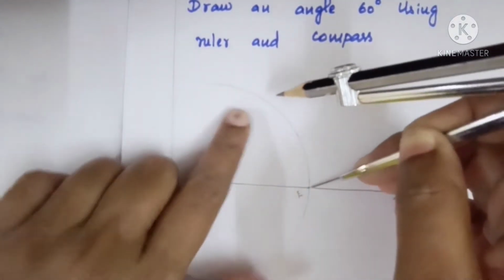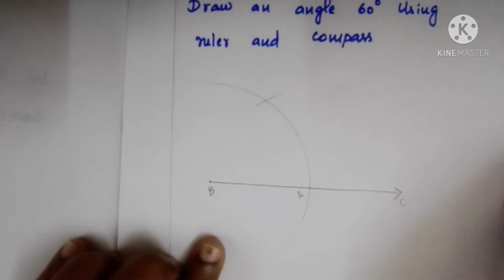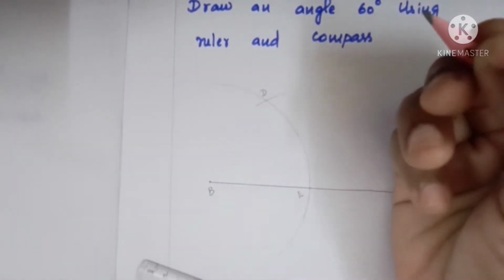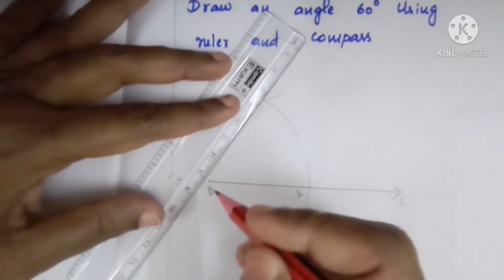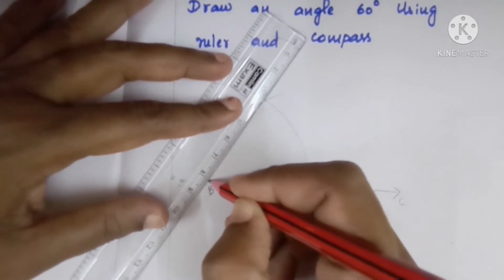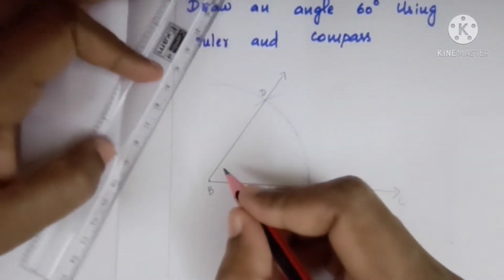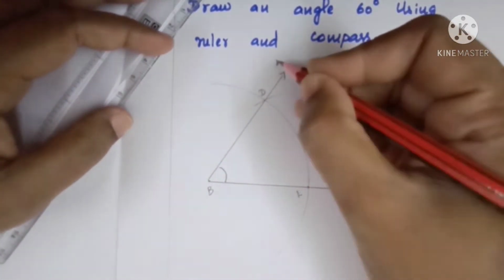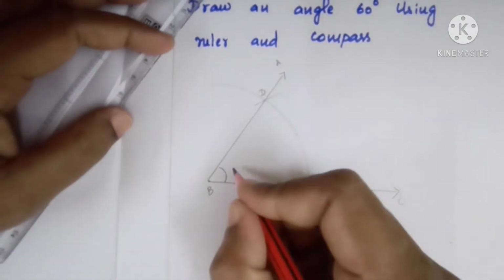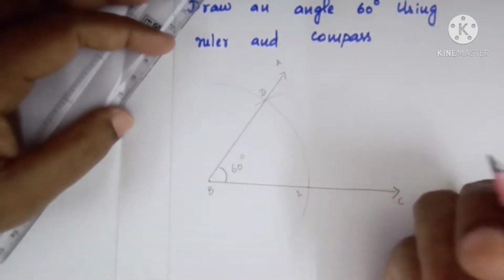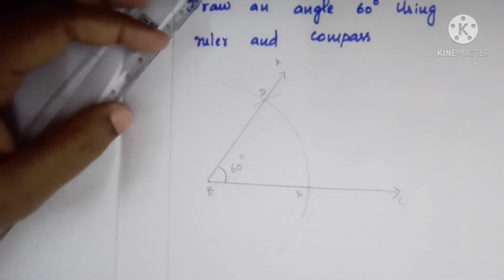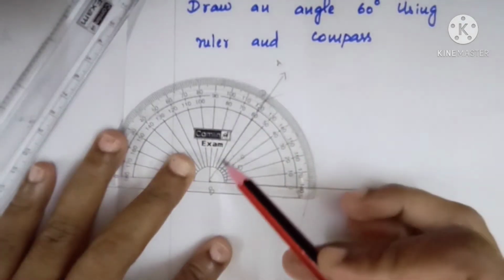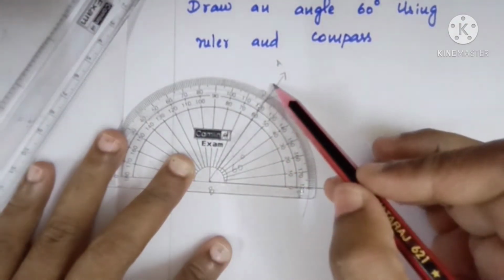It cut the previous arc at D. Now join B and D with the ray and name it as BA. We get angle ABC is equal to 60 degree. Finally, check it with the help of your protractor. We get angle ABC is equal to 60 degree.